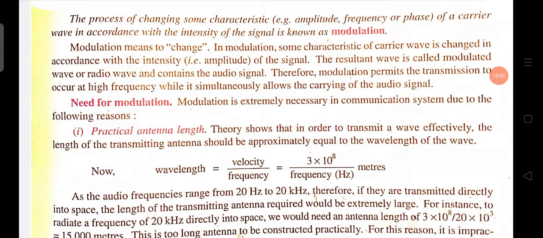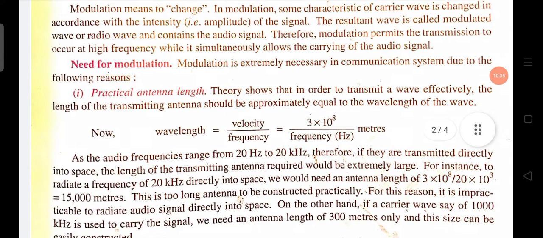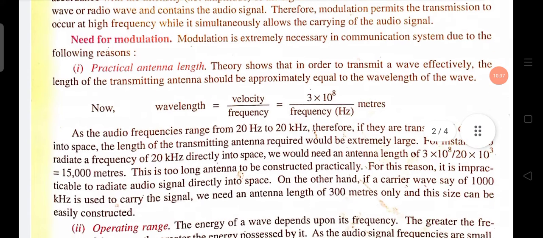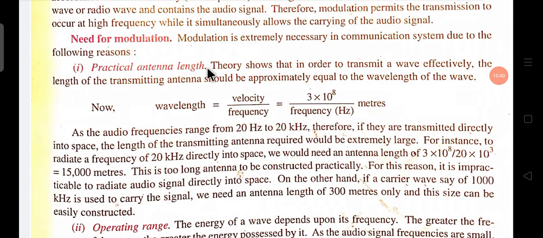The need for modulation is due to the practical antenna length. Whenever we want to send an audio signal, which ranges between 20 hertz and 20 kilohertz, because the audio frequency range is this much, to transmit this low frequency signal we need an antenna height of 15,000 meters.